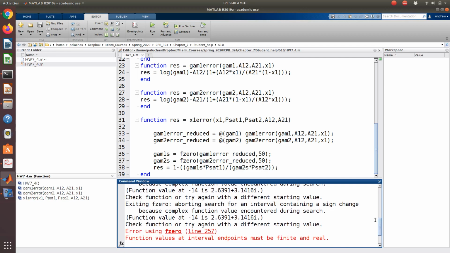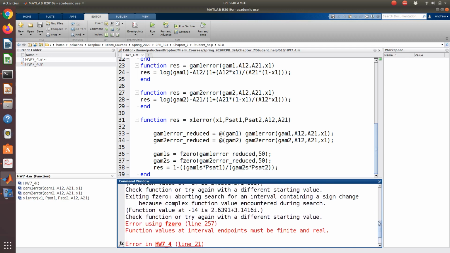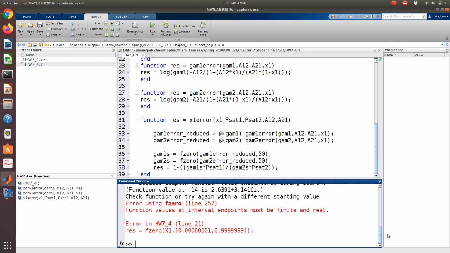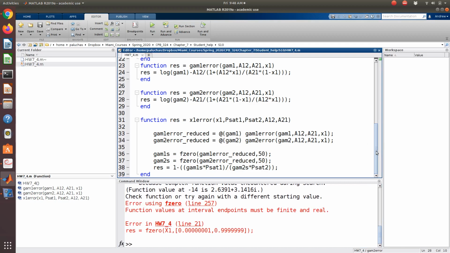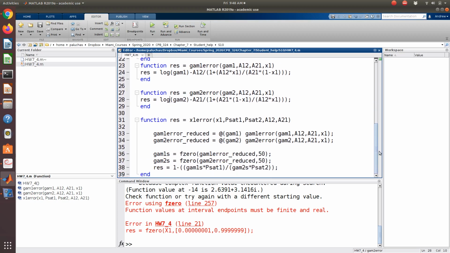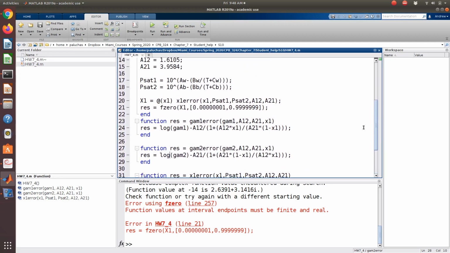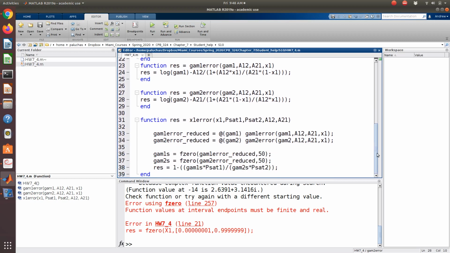Oh, okay, so now this, I'm guessing, has to deal with my gammas. So I'm wondering if the issue is in my gamma 1 and gamma 2s I'm calculating.